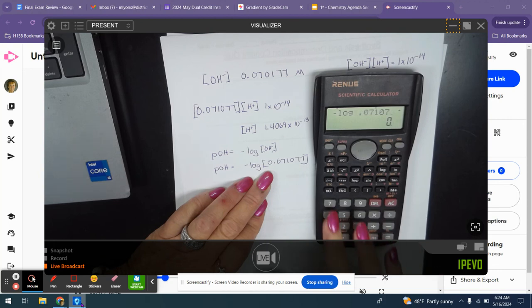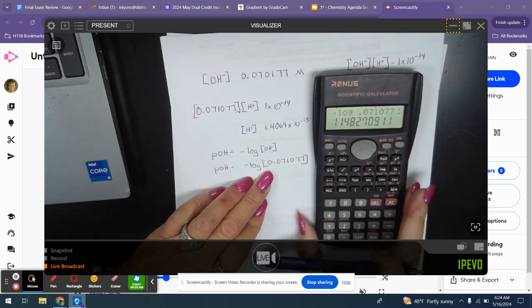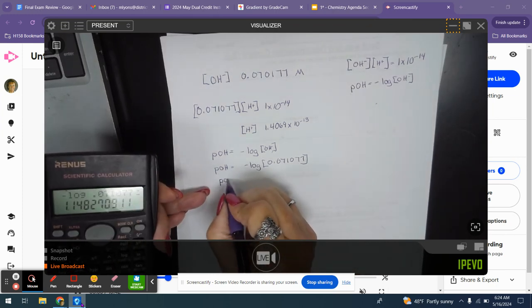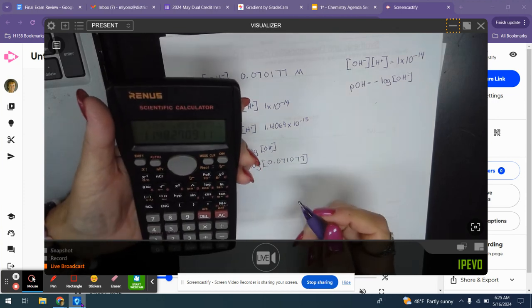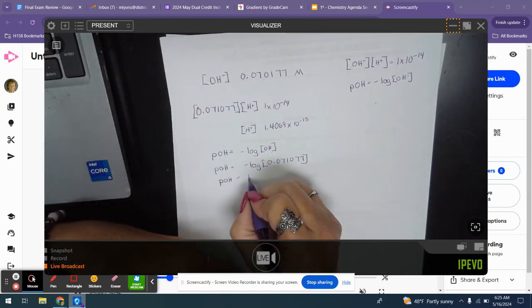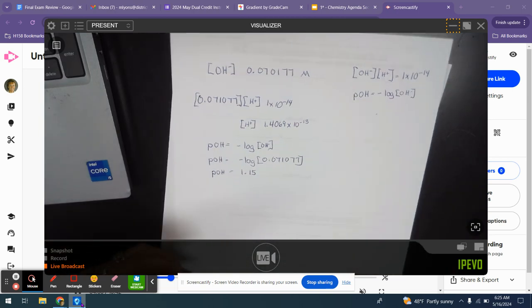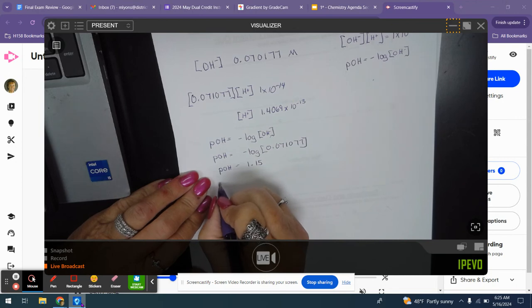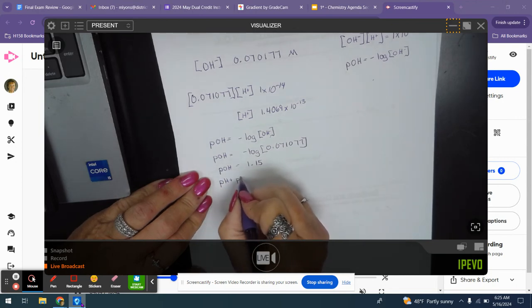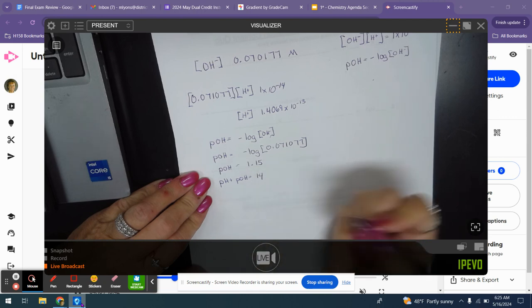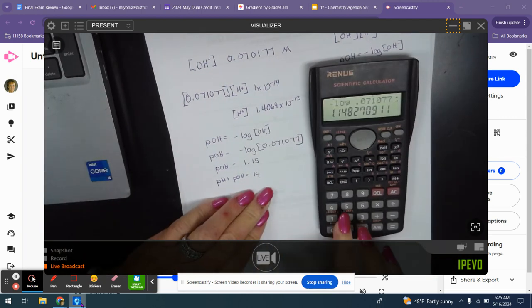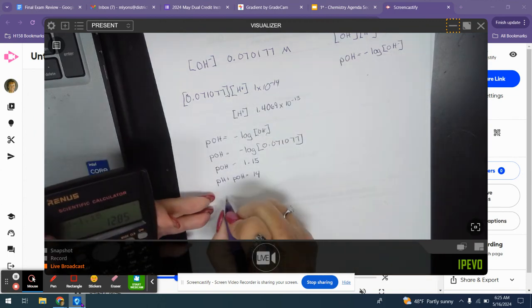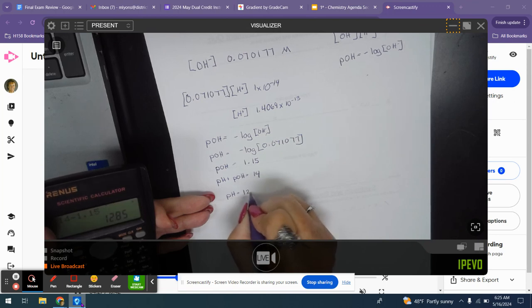That would give me a pOH of, we're going to go with 1.15. Now, if I've got that, I can figure out what my pH is, because pH plus pOH equals 14.